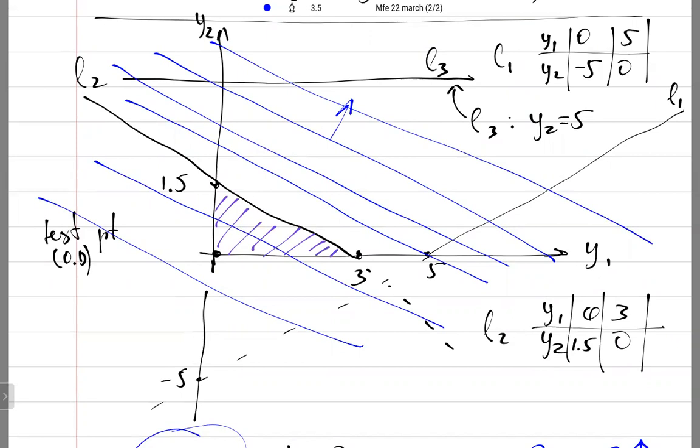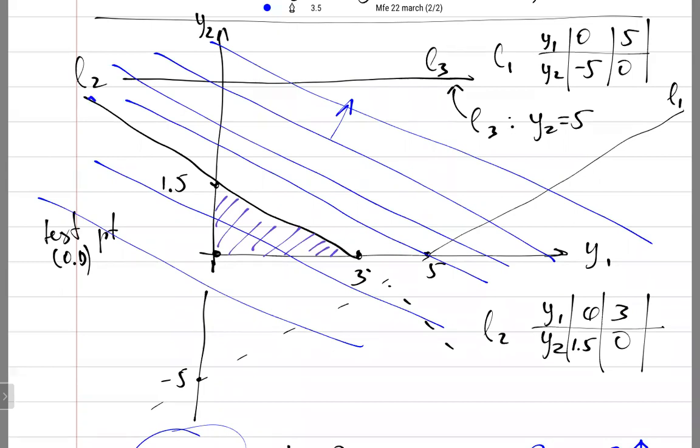The last moment when my moving level curve touches the shaded feasible set will be when we have a full segment of optimal points.